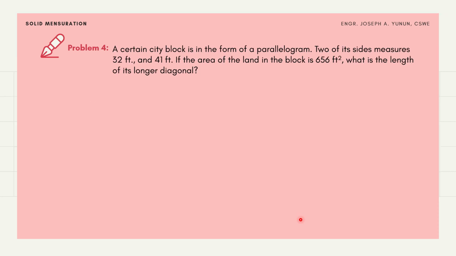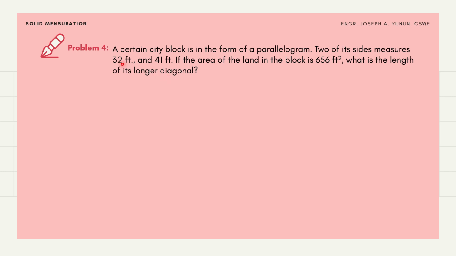So next problem. A certain city block is in the form of a parallelogram. Two of its sides measure 32 feet and 41 feet. If the area of the block is 656 square feet, what is the length of its longer diagonal? So the unknown is the length of the longer diagonal.